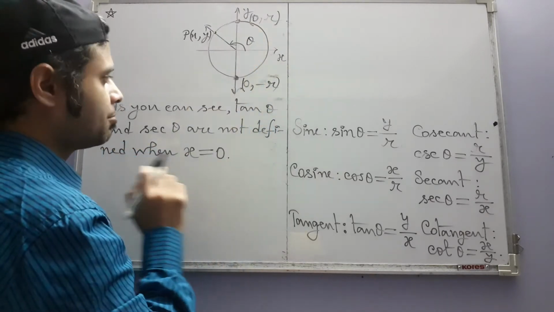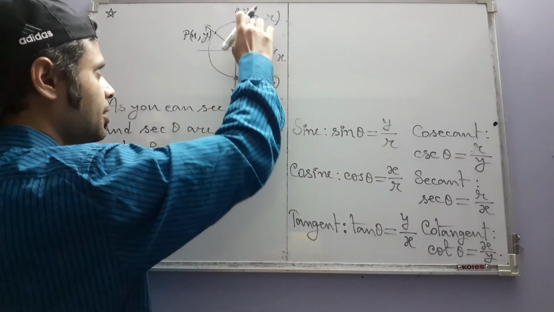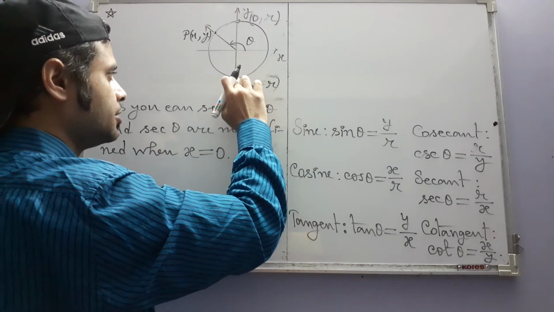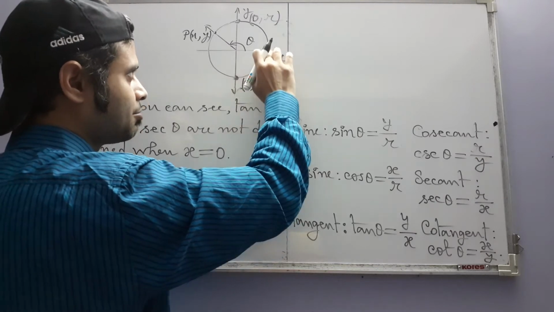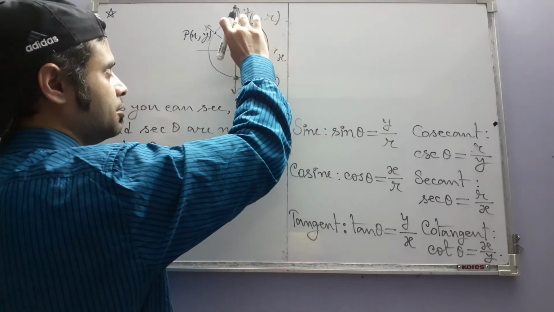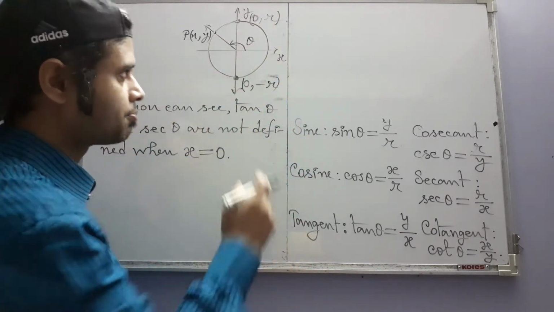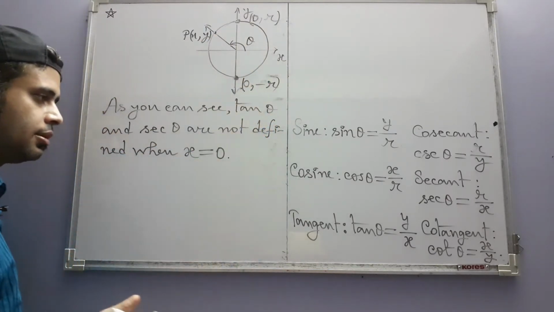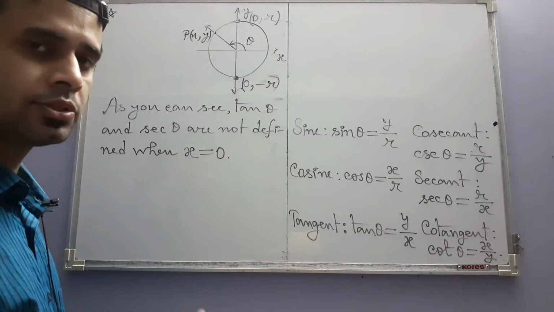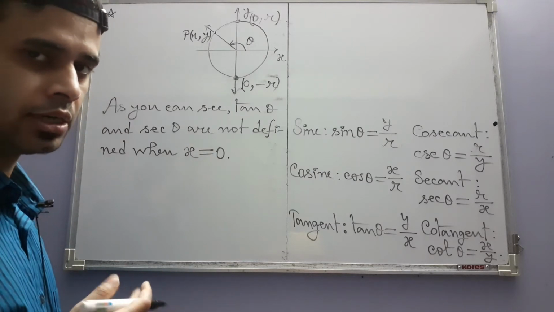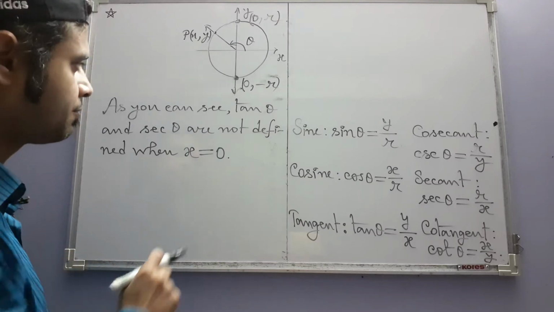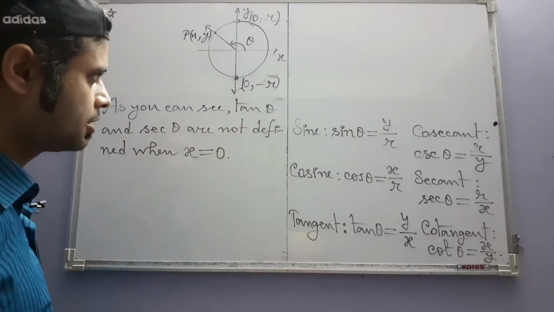So that means pi by 2 is a problem, 3 pi by 2 is also a problem, then another pi by 2, 4 pi by 2, 5 pi by 2, 5 pi by 2 is also a problem, 6 pi by 2, 7 pi by 2. So you can see that odd multiples of pi divided by 2 radians, if your theta is that type of angle, then you have problem defining tan theta and secant theta.